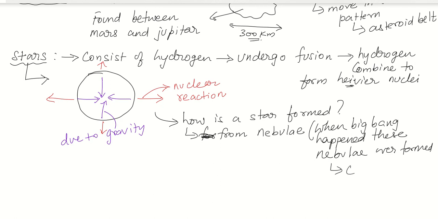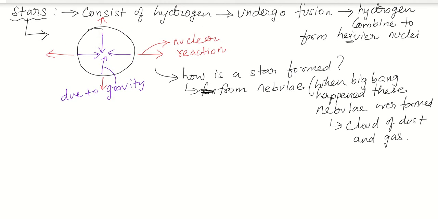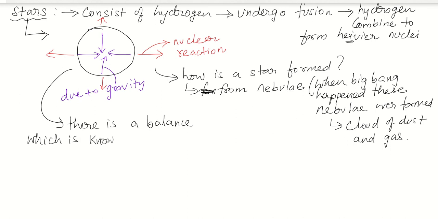This always has a cloud of dust and gas. Now, what exactly happens is, if you have an outward and inward, and if there is a balance here, which is known as hydrostatic equilibrium.